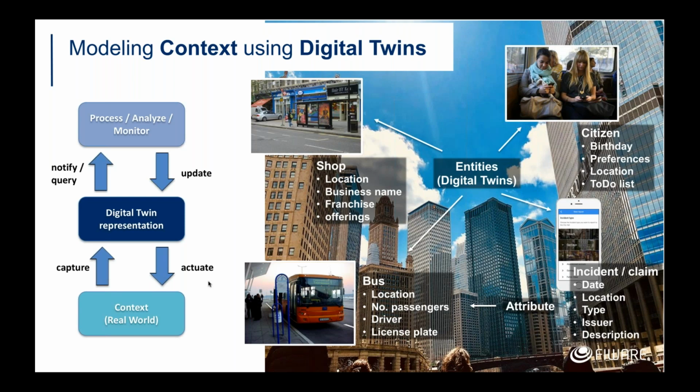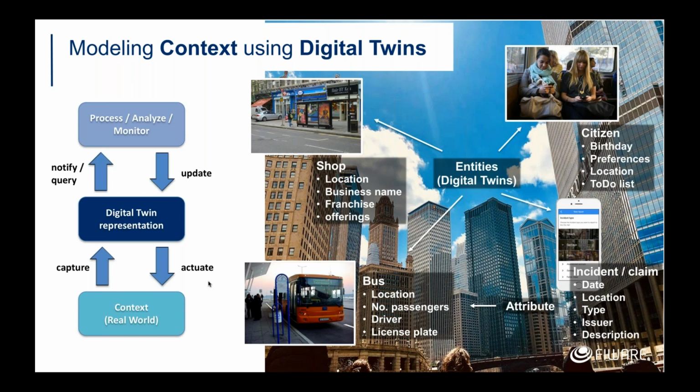And in a powered by FIWARE system, typically you keep always a digital twin representation of the real world by means of capturing data coming from different sources. It might be IoT sensors, might be robotic systems, might be third-party information systems you are connected to.